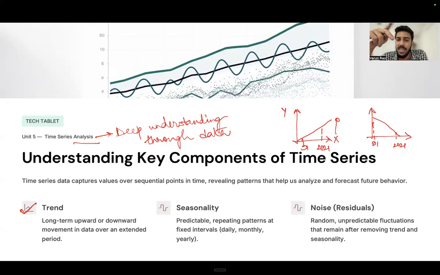Then we have seasonality. What do we mean by seasonality? Seasonality is a repeating pattern or repeating behavior of data. Now, what do you mean by repeating behavior of data? Let us assume you are a clothing store, a winter clothing store, just for the sake of example. How would you notice that your clothes get sold?